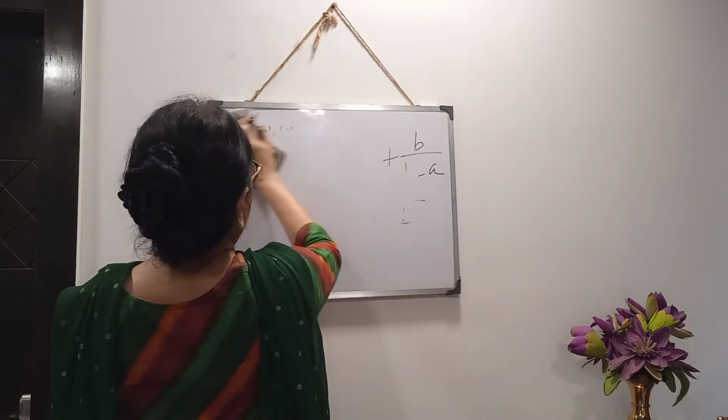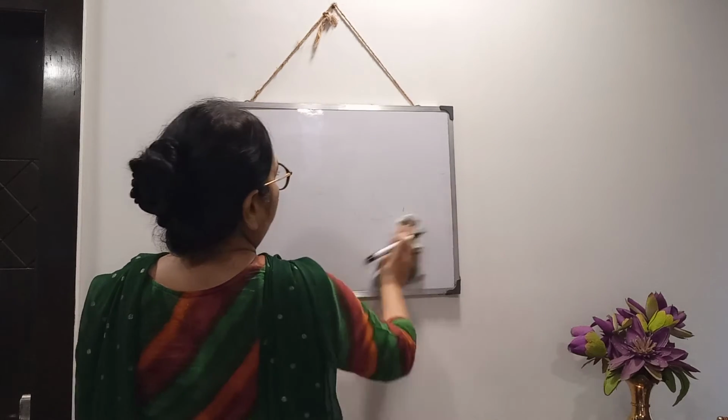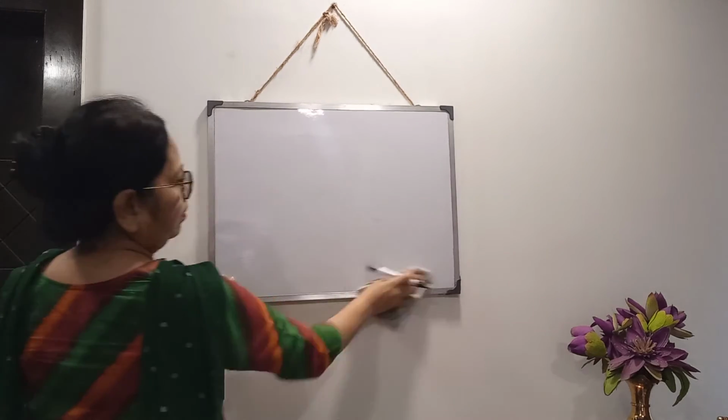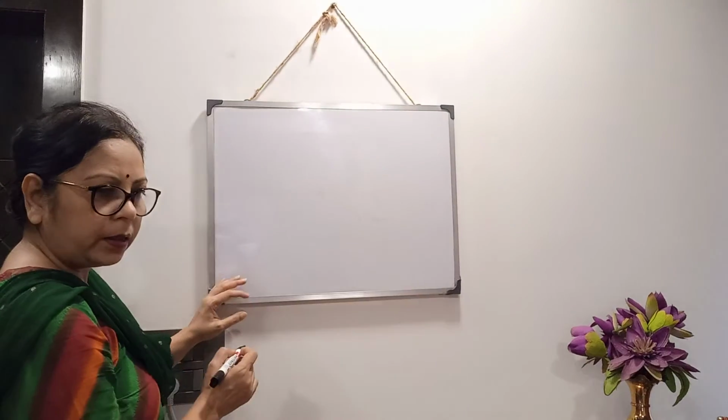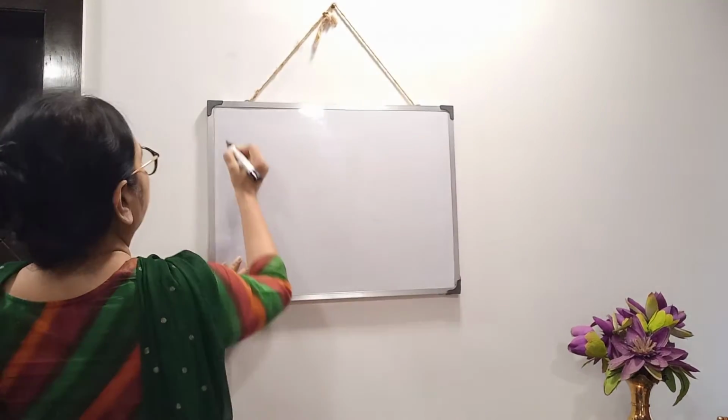Then next, simplify. If there is a bar, then how can we do it?